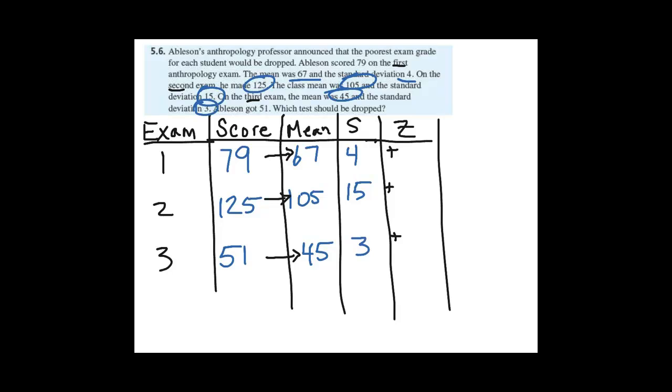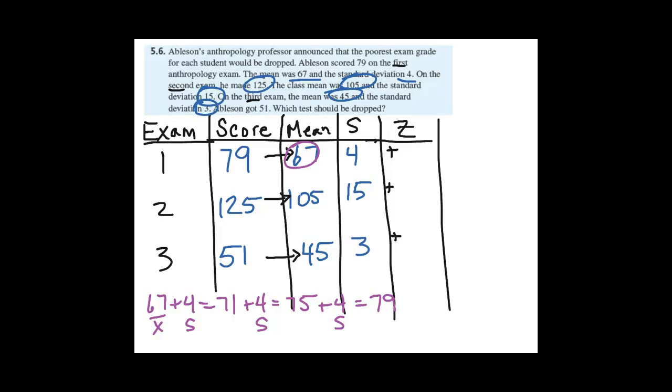Now, with a standard deviation of 4, it's pretty easy for me to do this in my head, because I've got 67, and if I add 4, I get 71, add another 4, get 75, and add 4 one more time, and I get 79. That means that if the mean was 67, and we added a standard deviation 3 times, his score of 79 was really exceptional.